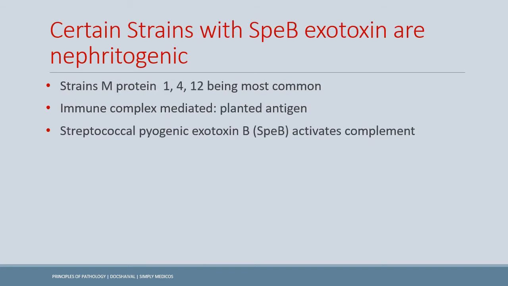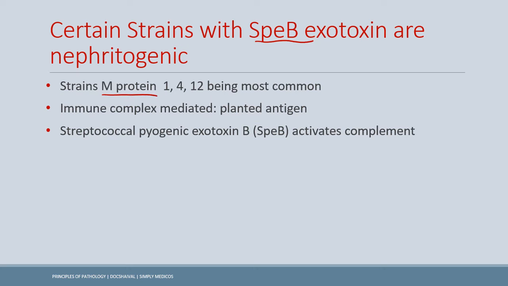Now there are certain nephrogenic strains of Streptococcus, and those are the ones producing the streptococcal pyrogenic exotoxin, and particularly SPEB is nephrogenic. Then we also have our M protein. Recall that M protein is a normal integral part of the cell wall.